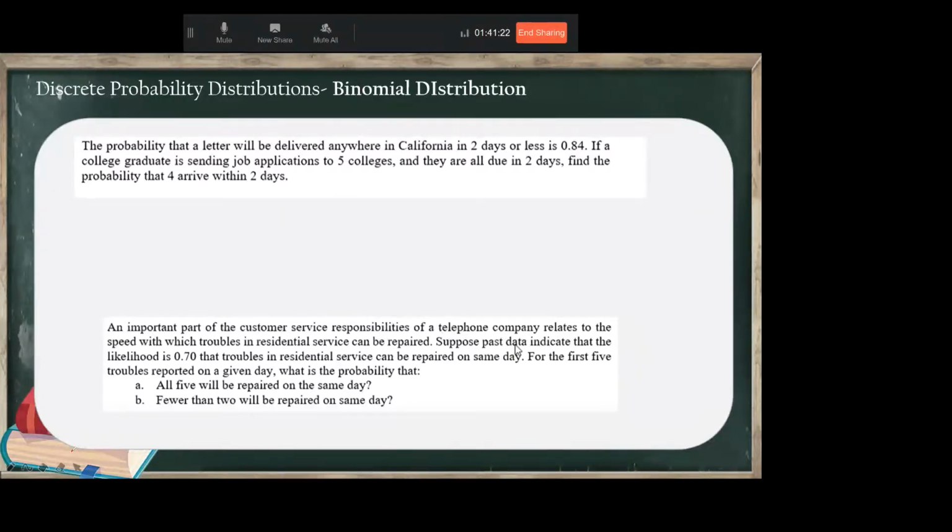So here P is 0.84, Q is 0.16, I mean 1 minus P, and what is N? N is 5, and what is X? You need to find out, right?